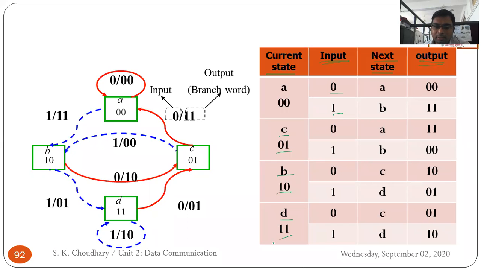Okay, so this is your lookup table for the given state diagram. Now you can easily understand how to generate the code word from this. I am opening the chat box for your attendance.